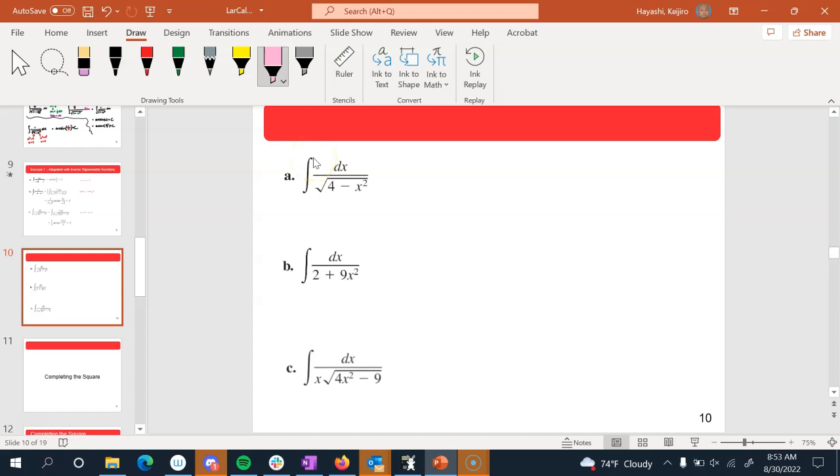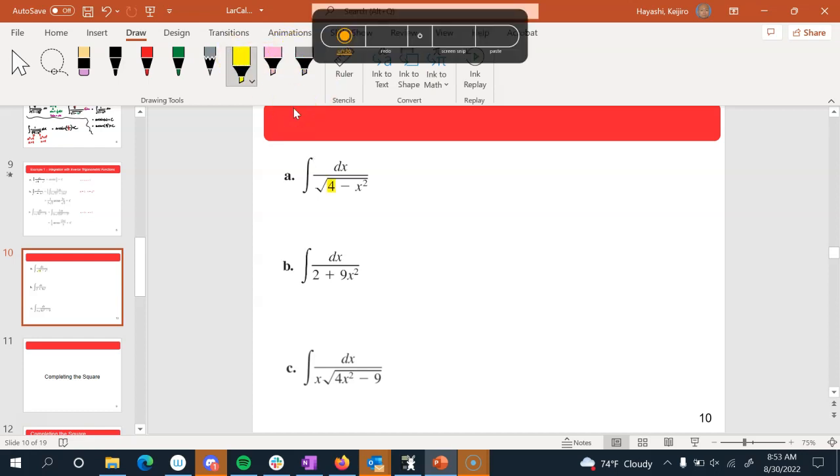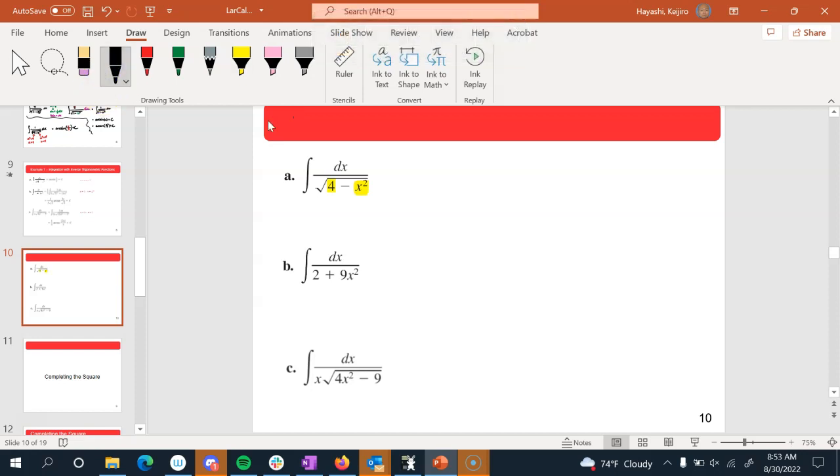All right, so this isn't too dissimilar from what we just did, this first one here. But here we've got, first of all, there's a square root. And second, what's under the square root is a constant squared minus a variable squared.